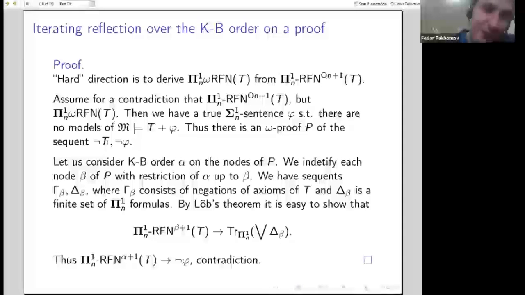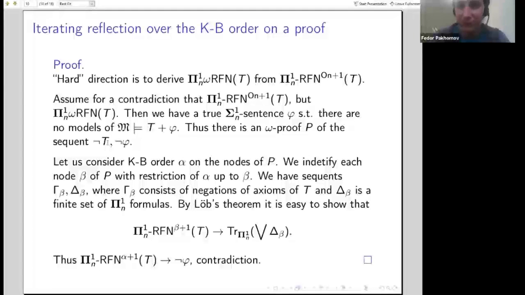We assume that Π1n omega-model reflection fails, but we still have this ε0 + 1 times iterated usual reflection. Then we have this Σ1n true sentence such that we don't have an omega model of this Σ1n true sentence.